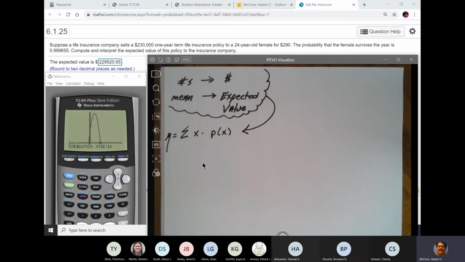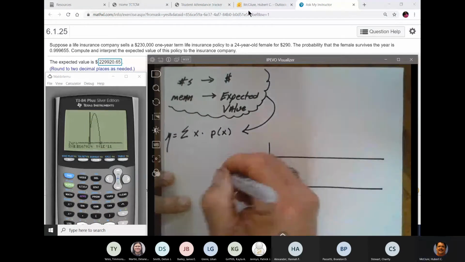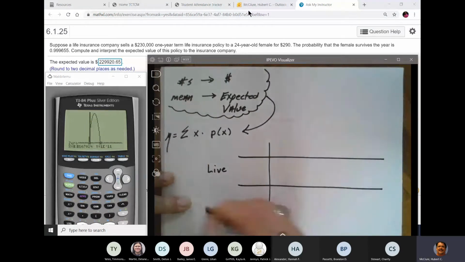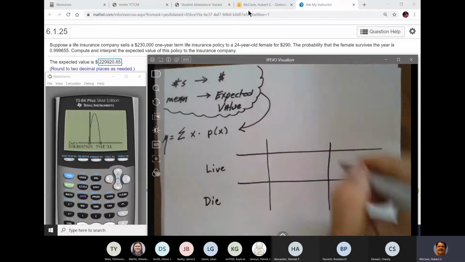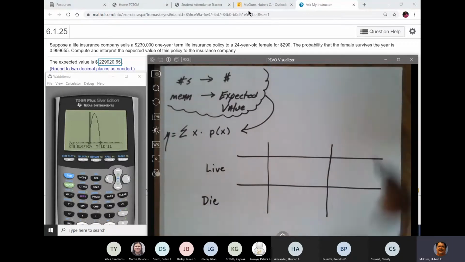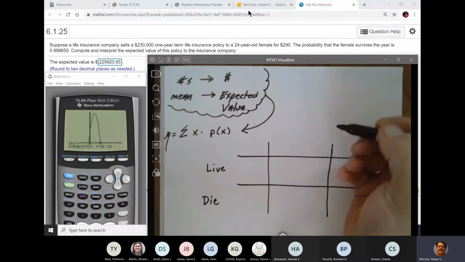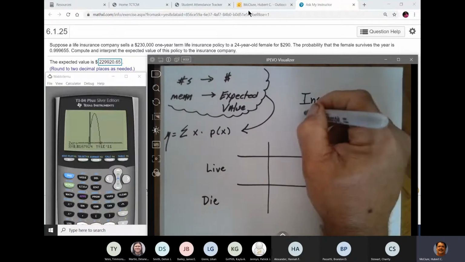So with that being said, let's draw us a chart about this woman and her insurance policy. She's either going to live or she's going to die. That's what all of us basically have to worry about. And if she lives, and remember, this is from the insurance company's perspective.